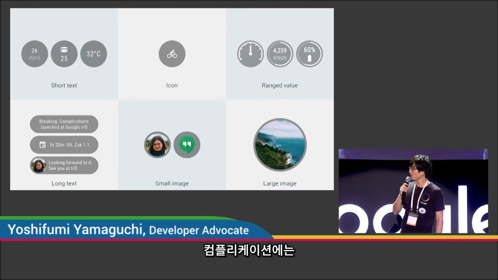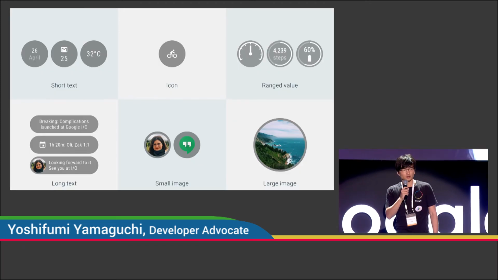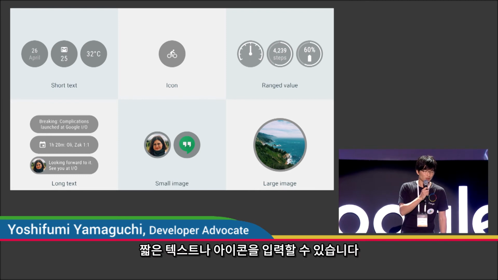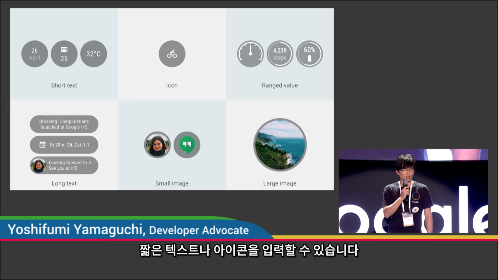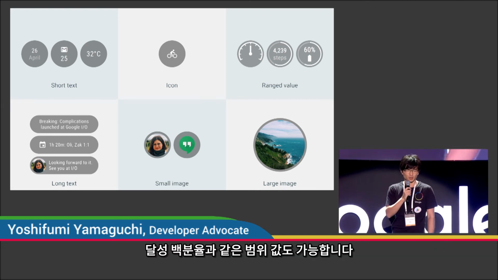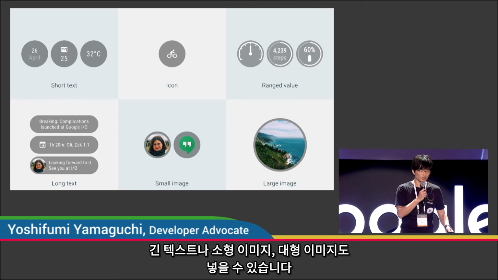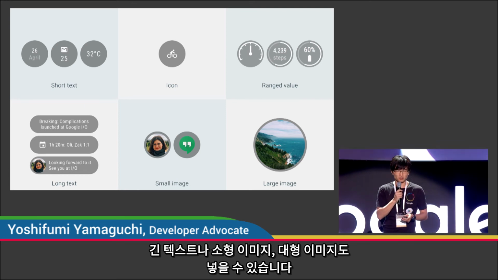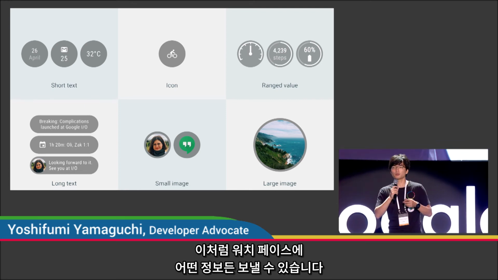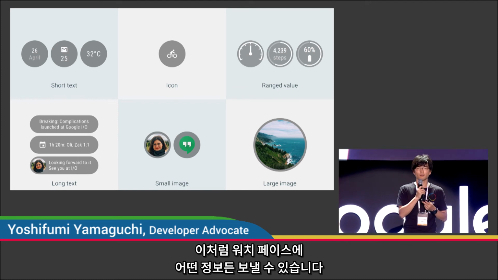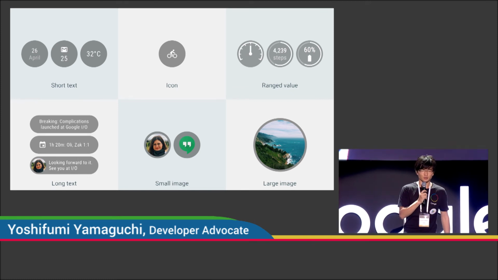So in a complication, you can put short text and icons and ranged values like achievement percentage, and then long text and small images and then large images. So you can send any information to the watch faces.